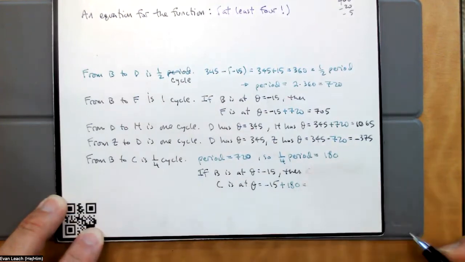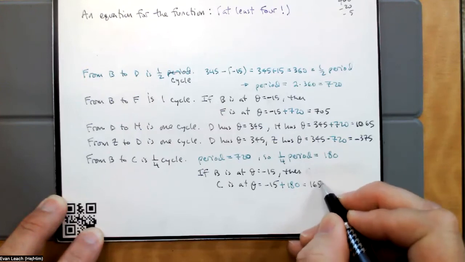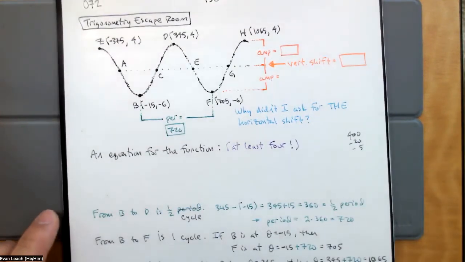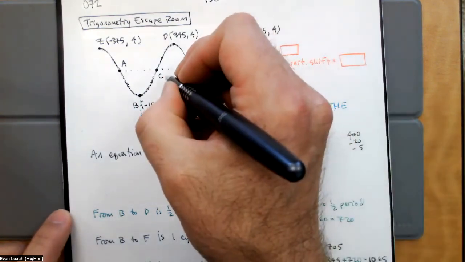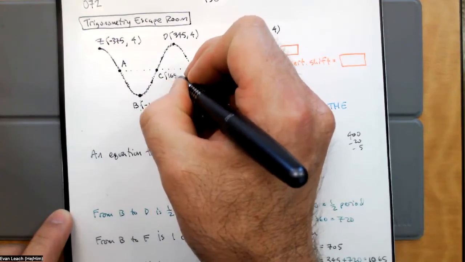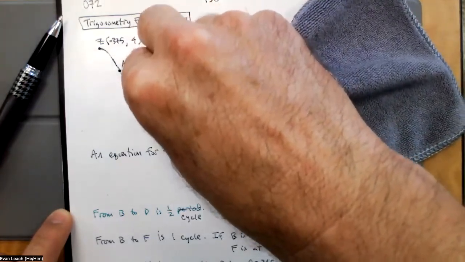So that's going to be 180 minus 15, which is 165.